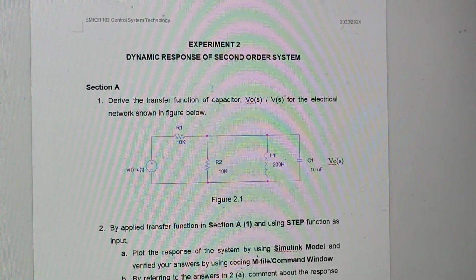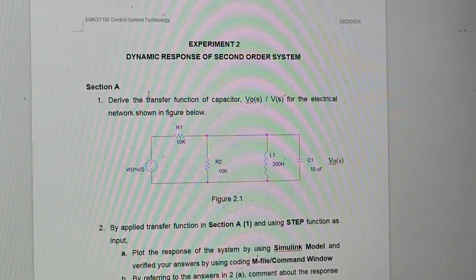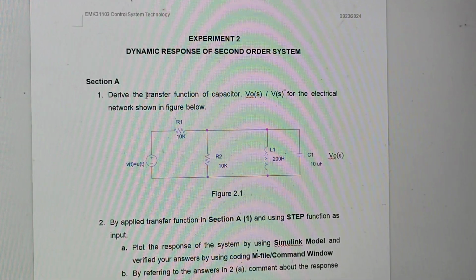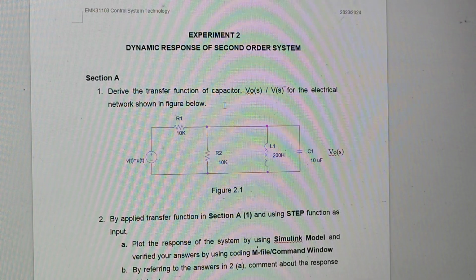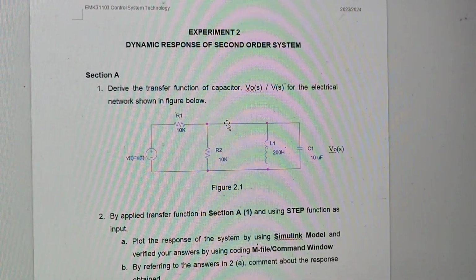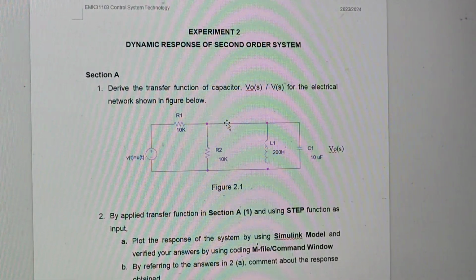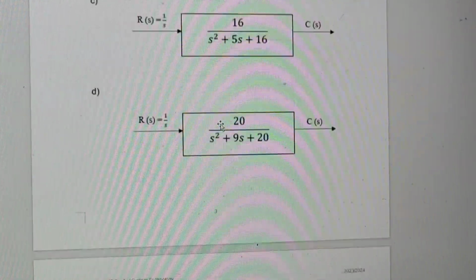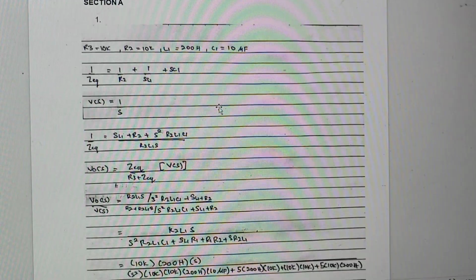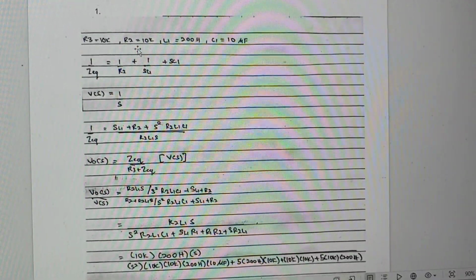So first of all, we have section A, where we need to derive the transfer function of the capacitor, which we need to calculate. So these are the calculations.